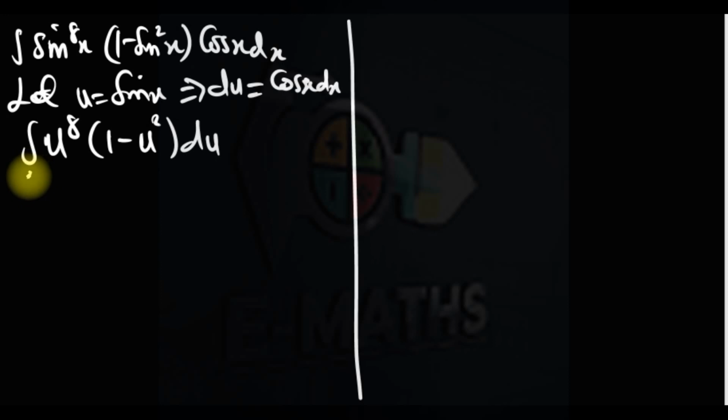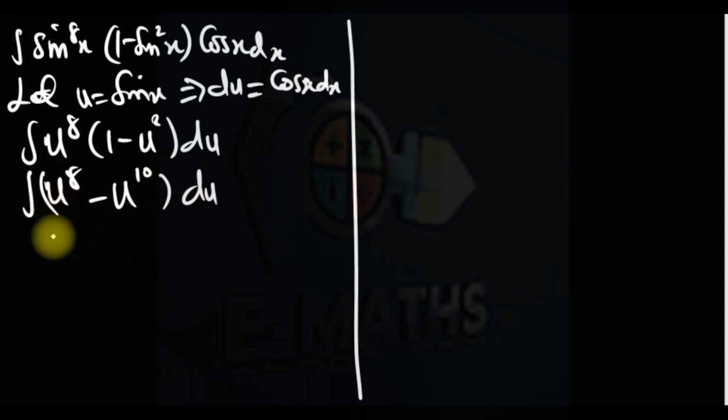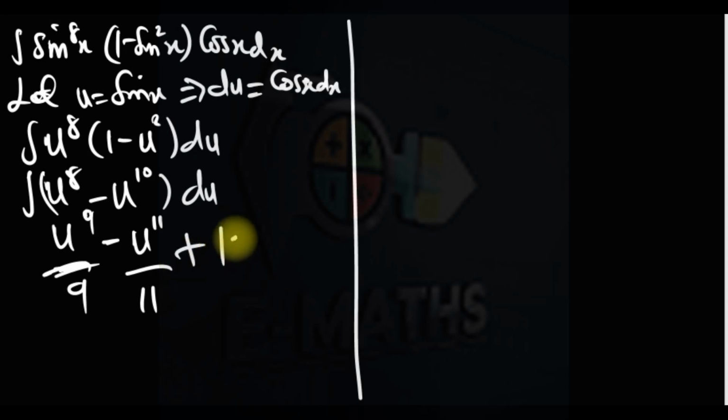Which is the same as the integral of, you open up, u raised to power 8 minus u raised to power 10 du. So we now integrate, which is u raised to power 9 over 9, that's the basic integration, minus u raised to power 11 over 11 plus k.